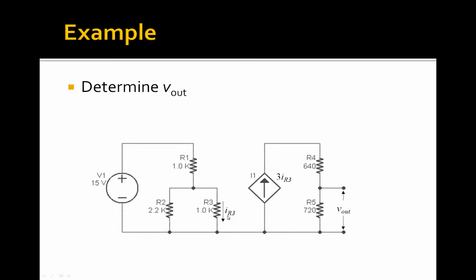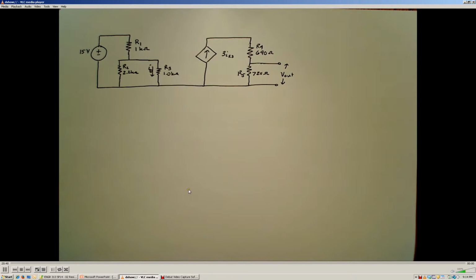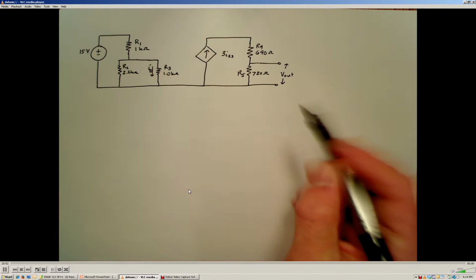Let's take a look at how we'll analyze this circuit and determine the output voltage across resistor R5. Again, we have essentially two separate circuits here.